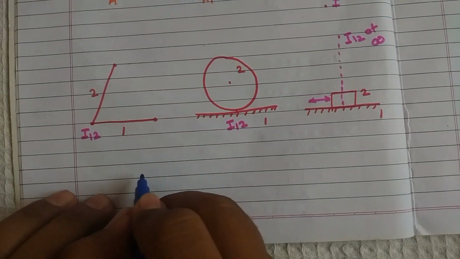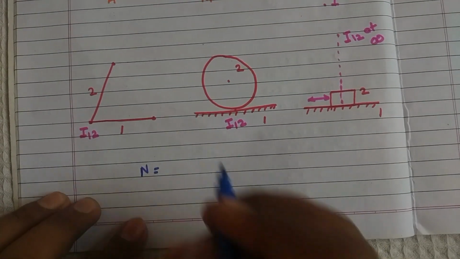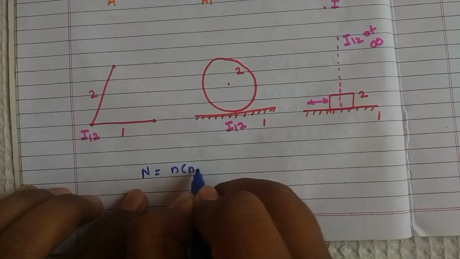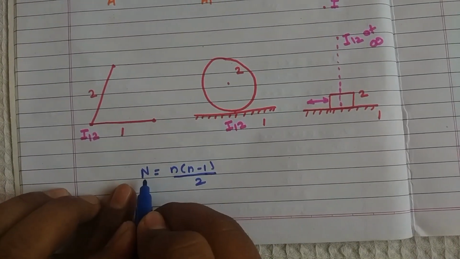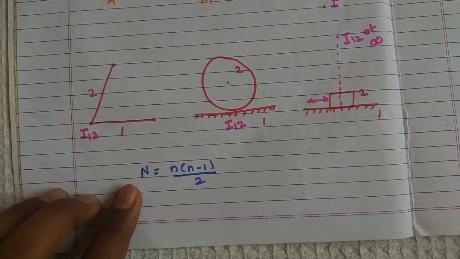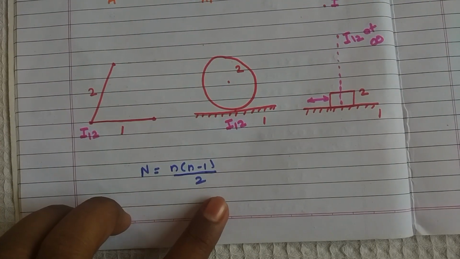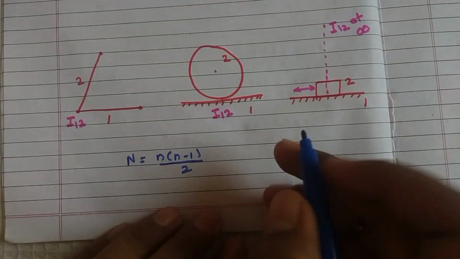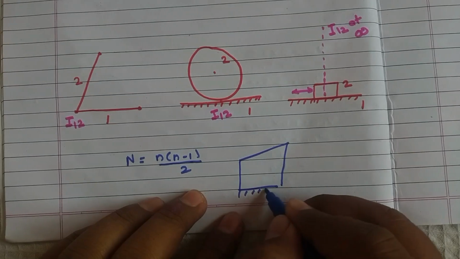There is one formula: capital N is equal to small n into n minus 1 divided by 2, where capital N is the number of instantaneous centers in a given mechanism, and small n is the number of links in a given mechanism. Suppose there is a 4-bar mechanism, right?